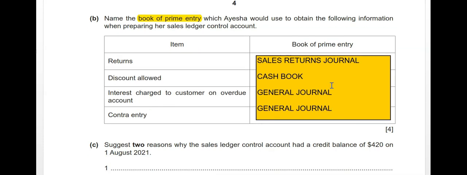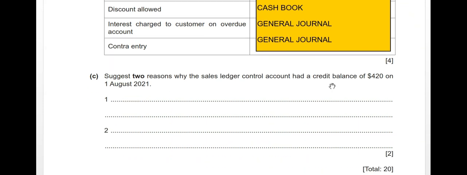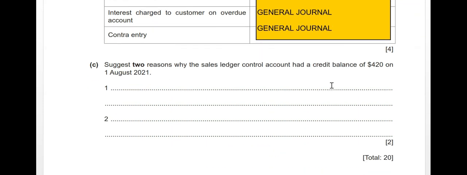Moving on, suggest two reasons why the sales ledger control account had a credit balance of 420 on 1st August. So sales ledger control account had a credit balance of 420 on 1st August because usually this should be a debit balance.